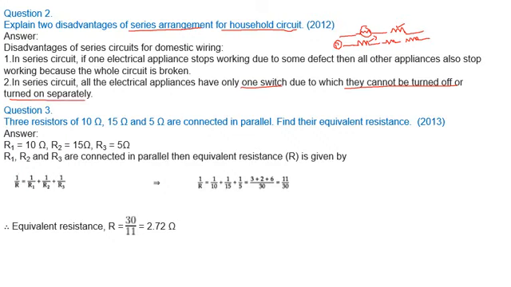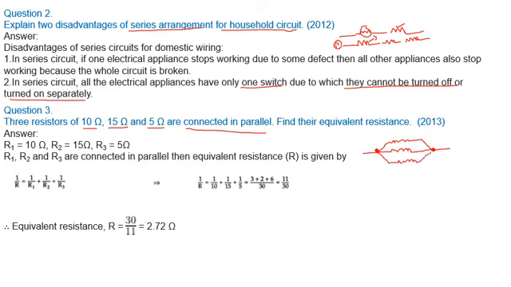Next question: three resistors of 10 ohm, 15 ohm and 5 ohm are connected in parallel. So we have a potential difference. Potential difference in parallel connection is always the same.